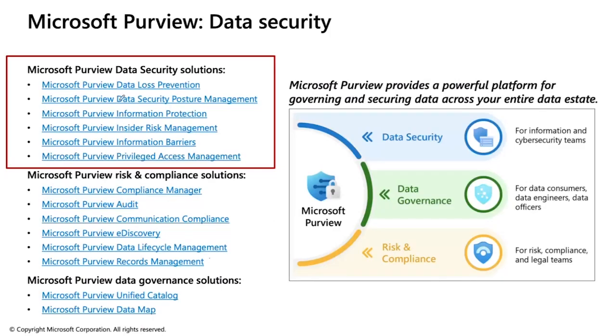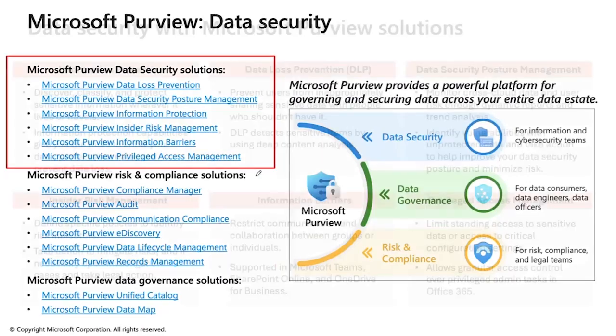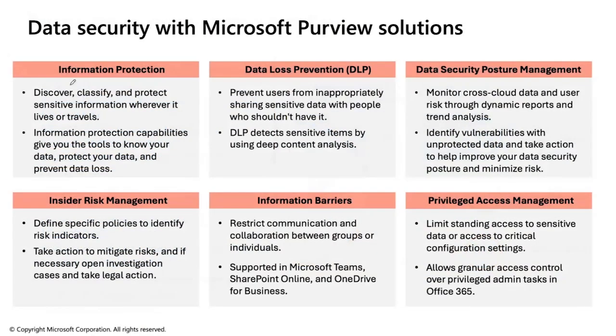Now for data security, we have the Purview data security option where we have data loss prevention. We have DSPM, data security posture management, Purview information protection, insider risk management, information barrier, and privileged access management. So what is information protection?